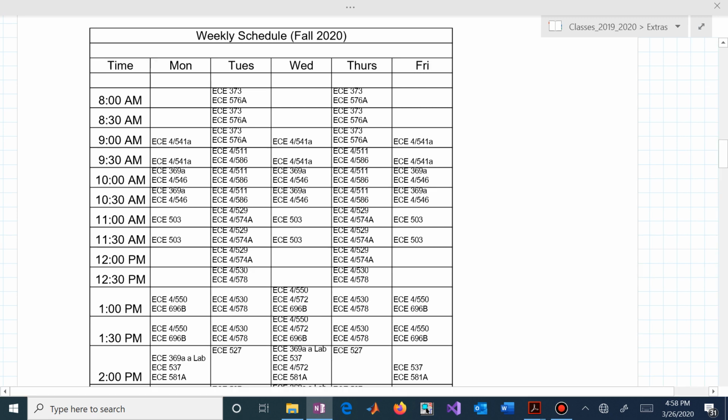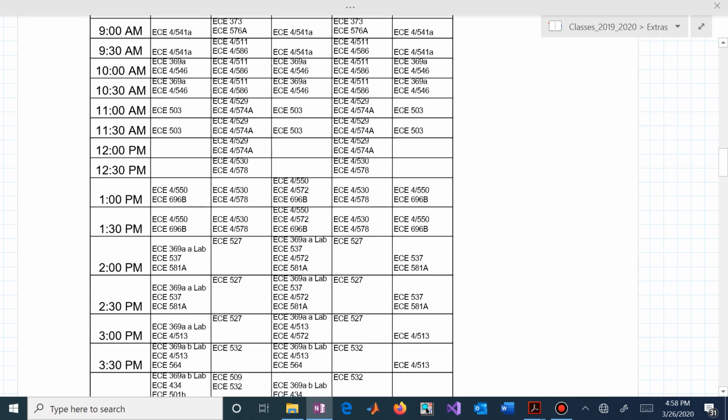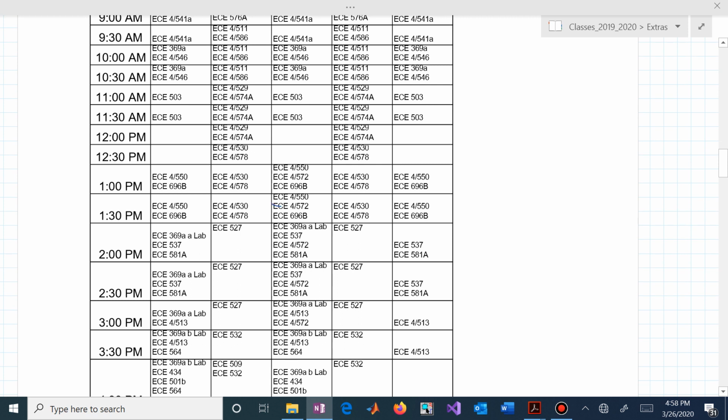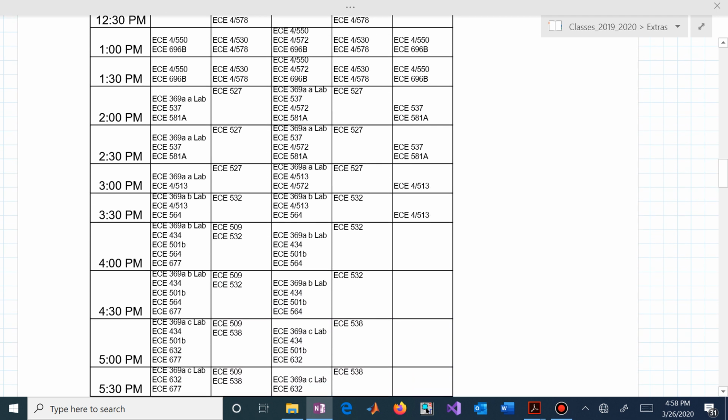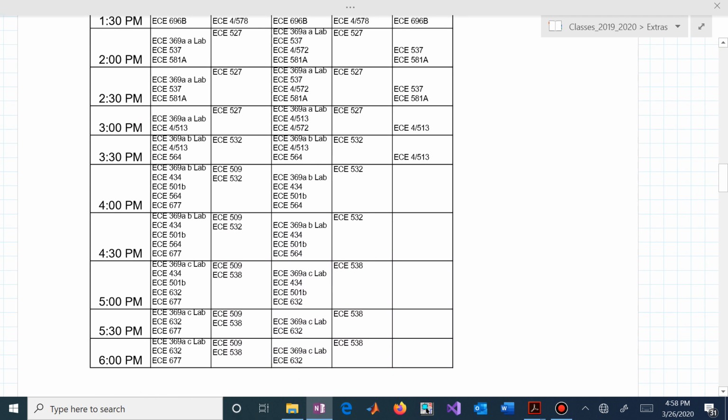It's designed to maybe help you determine, oh, I actually wanted to take 450, 550, so that means I can't take 472, and I can't take, which we didn't talk about, 696B.